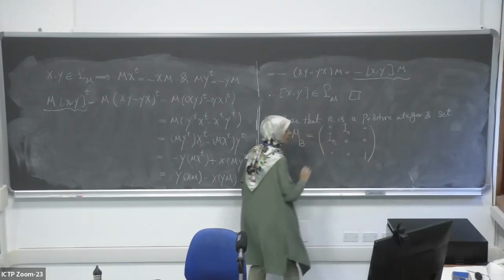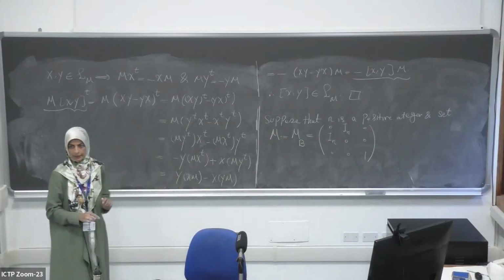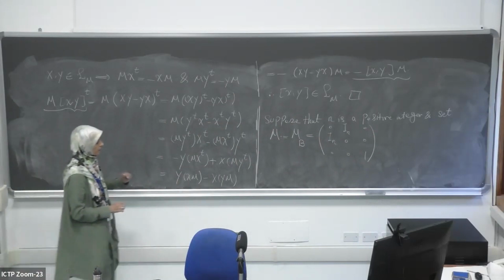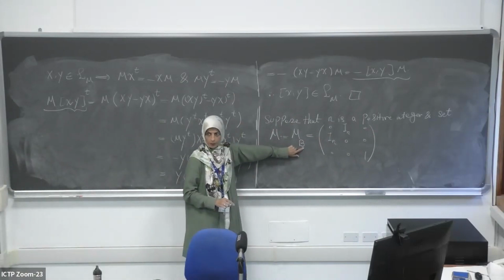By I_n, I mean the identity matrix in dimension n. And I will tell you why I put B here, okay?